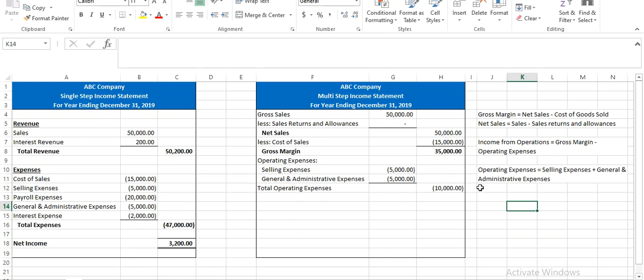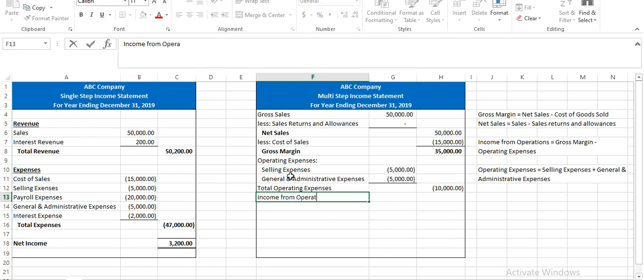Now I can't just leave it there because I actually have to calculate this income from operations. And so that's the next thing I'm adding here. Income from operations. I'm going to bold it because this is also important. And then I'm just going to follow what the formula says.